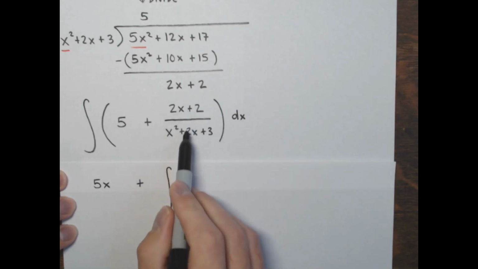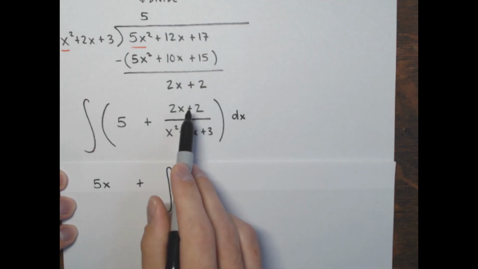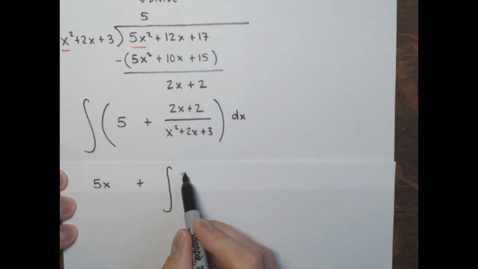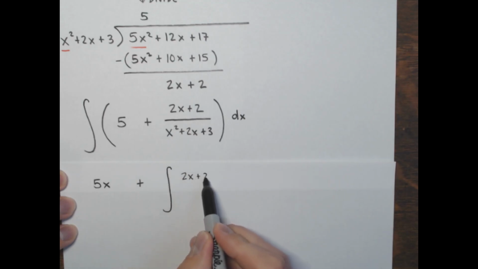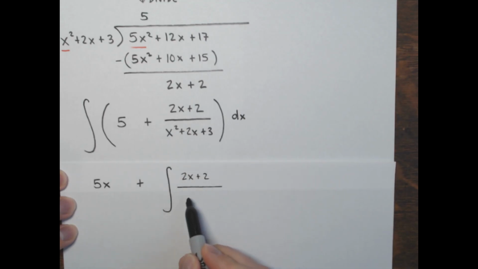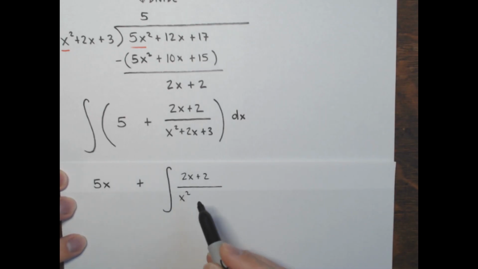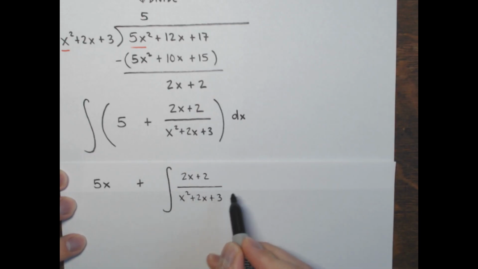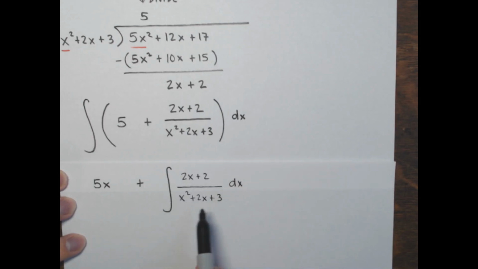Now look at this next integral. It's a proper fraction, right? The degree of the numerator is now smaller than the degree of the denominator, but there's something really nice about this fraction. This doesn't always happen, and we'll see problems later where it doesn't. The denominator is x squared plus 2x plus 3, and the derivative of the denominator would be 2x plus 2.